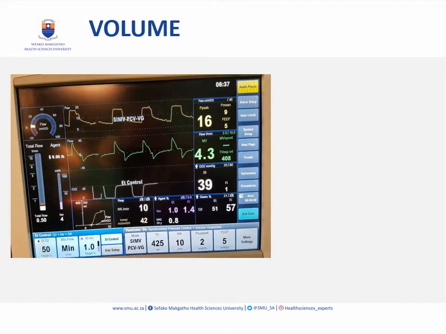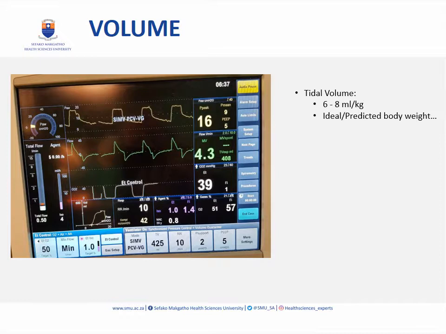In terms of tidal volume, we are going to aim for 6 to 8 milliliters per kilogram. But note that this kilogram is the ideal or the predicted body weight, not the patient's actual weight.